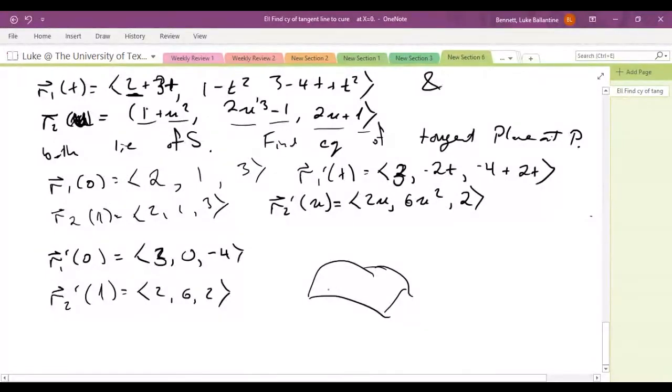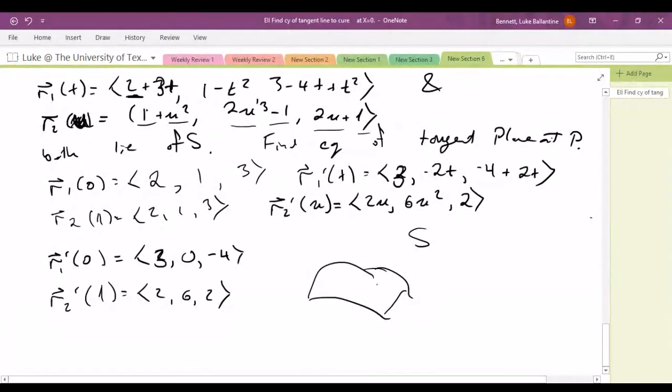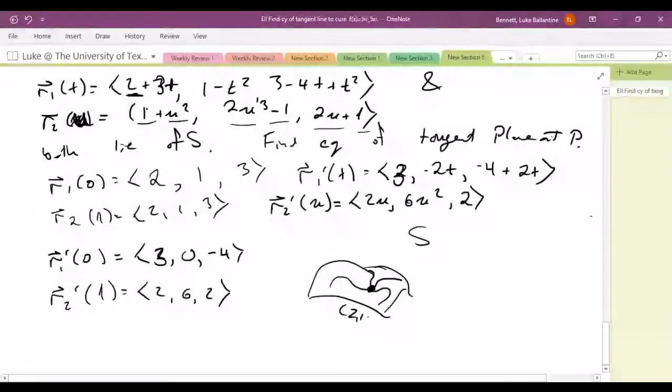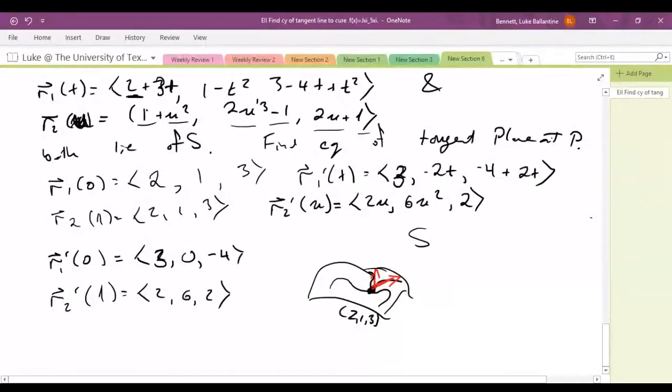We have the picture of S, and then we have some curves, something like that. This is the point 2, 1, 3. We're finding the tangent vectors, tangent like that and like that. And we're taking the cross product of these two. And that will give us the normal vector at that point.